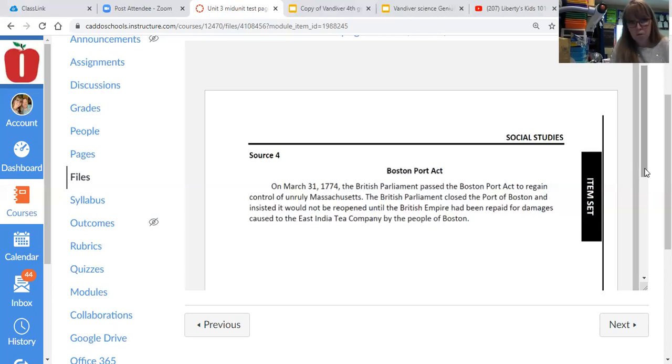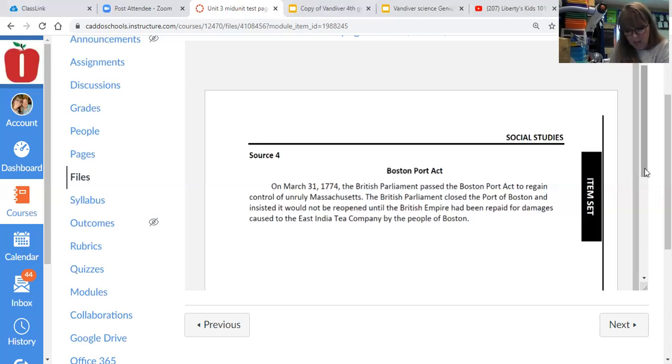Based on all the sources, 1, 2, 3, and 4, which statement best describes the lasting impact that the acts had on the American colonists? A, it forced the colonists to protest the acts. B, it made the colonists boycott trade with the British Empire. C, it made the nation choose sides to be loyalist or patriots.